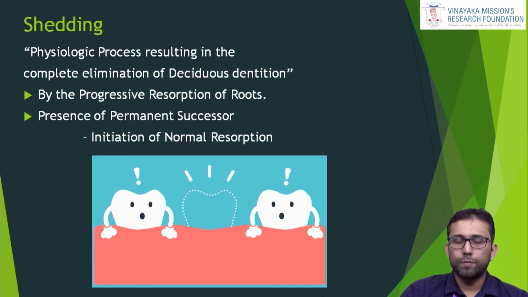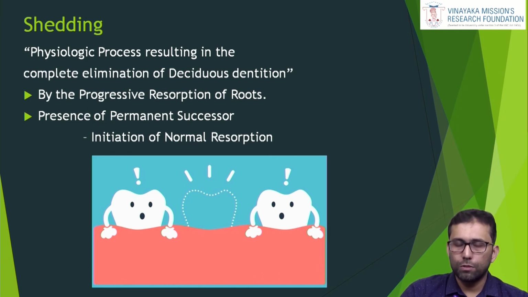Next is the permanent successor. The presence of a permanent successor is very necessary for the normal shedding or the resorption of the deciduous predecessor. For example, if you have a patient where there is a congenital missing permanent successor, the shedding of the deciduous predecessor will be delayed for sure.